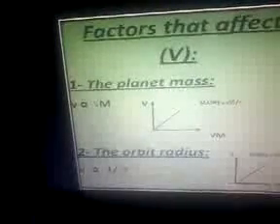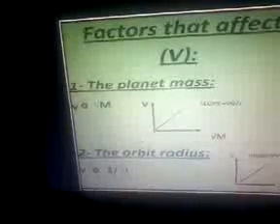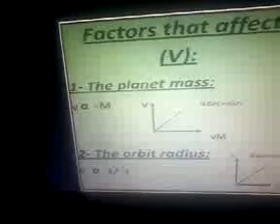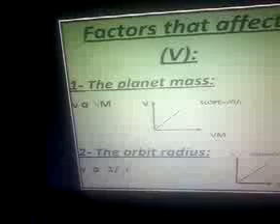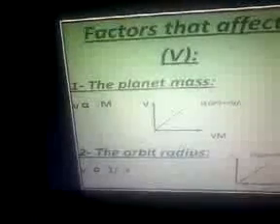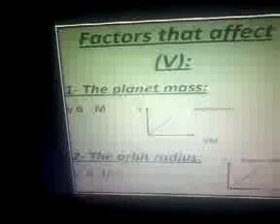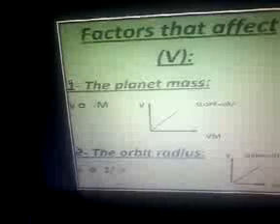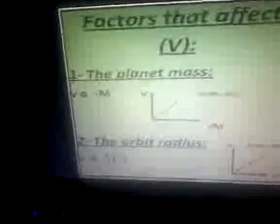The slope equals root G over r. By knowing G, we can get r from the slope. But attention, guys, we can't consider the mass of the satellite as a factor that affects the orbital velocity v.